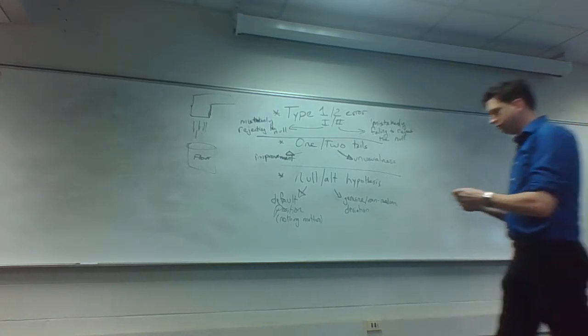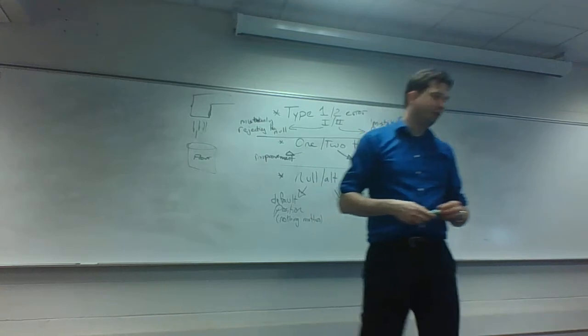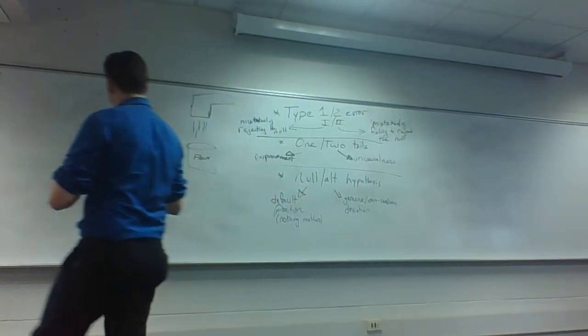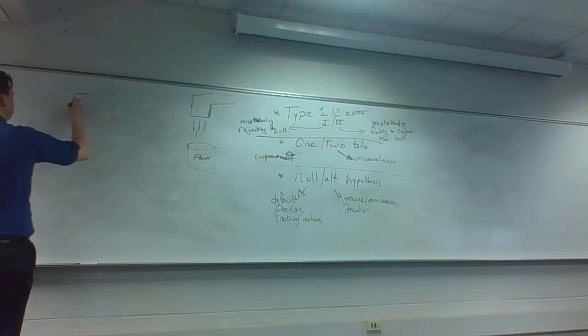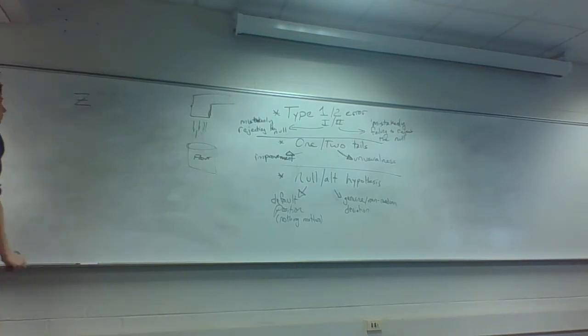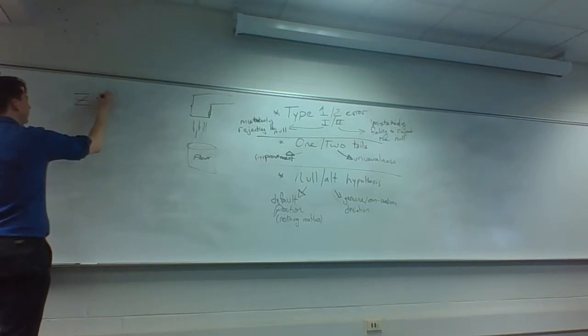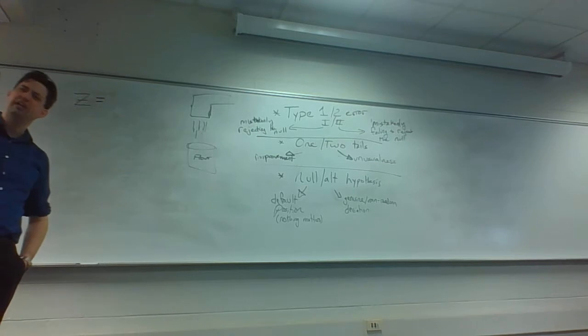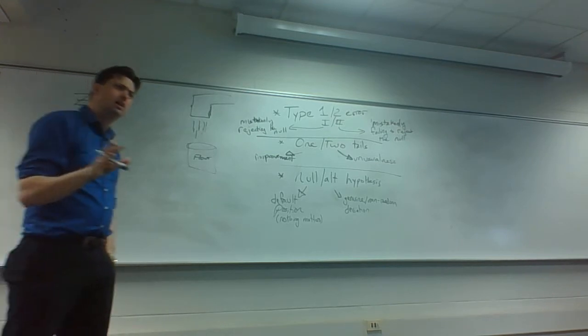So, we also gave you some math. I gave you a little bit of math last class. It was the z-score. So I sometimes say z-score and I say z-value. I use them interchangeably. It's annoying. I apologize for that.